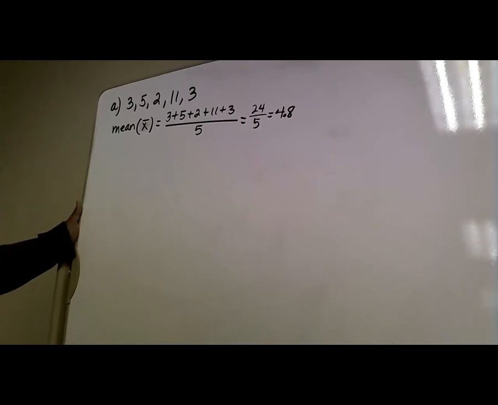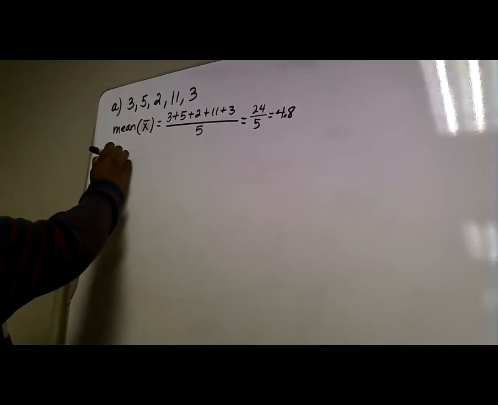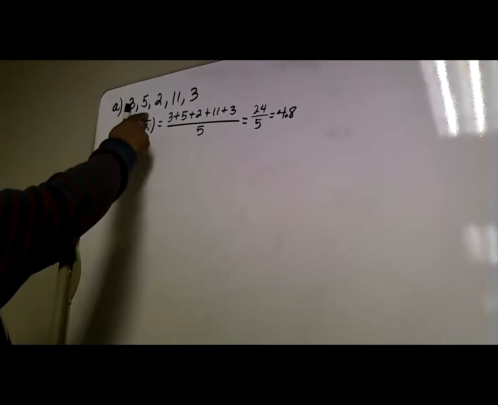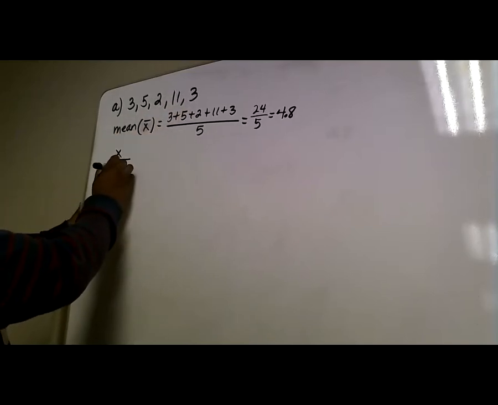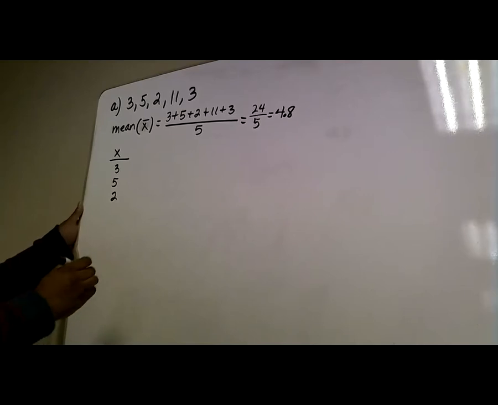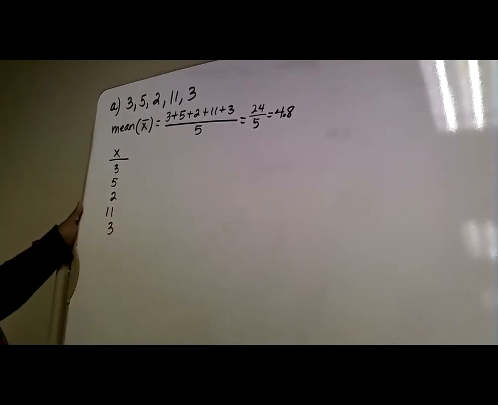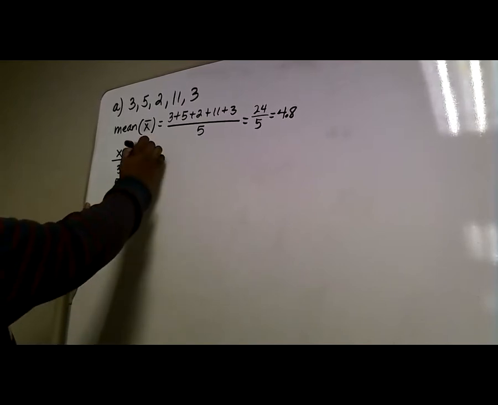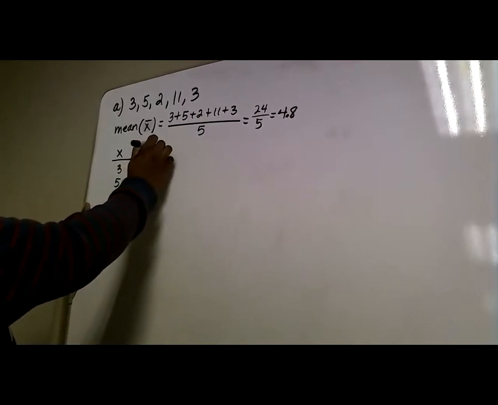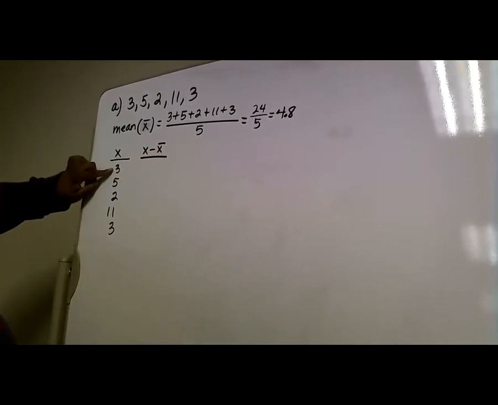All right, and now we want to find the mean absolute deviation of the data. This is what I would do: I'll put a table here. The x column will be each of the individual data values: 3, 5, 2, 11, and 3. The next column would be x minus x bar, where I subtract the mean from each data value.